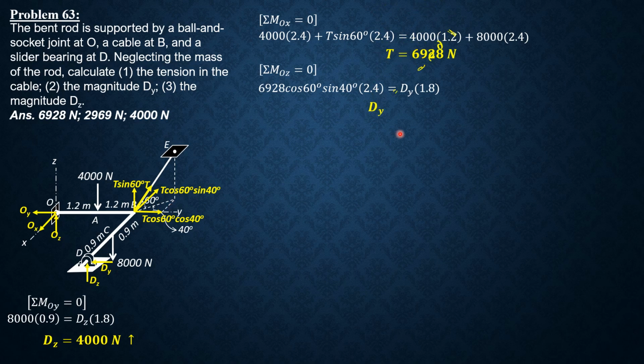So solving for dy is 2969 Newton. So you may have a different equation, but these are the answers. So that's it for this problem. I hope that you were able to follow the solution.